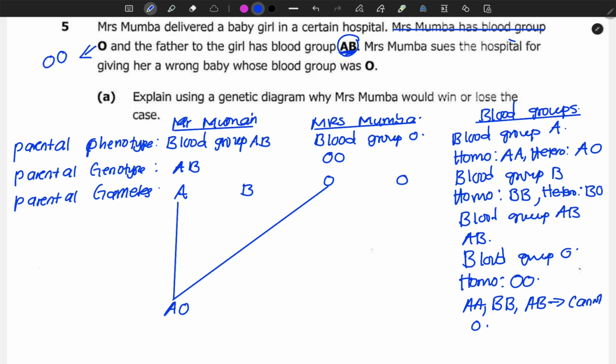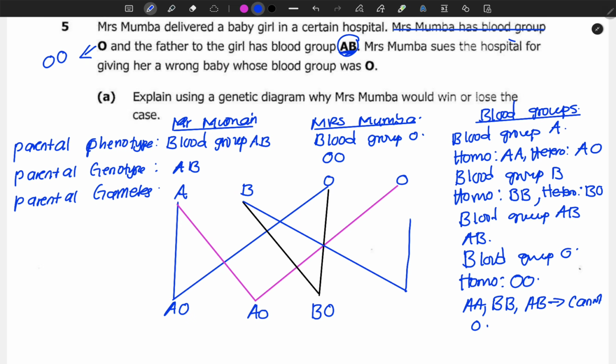Here blood group A, blood group again A, blood group B, blood group B. So as you can see, there is no chance for this couple to have blood group O.